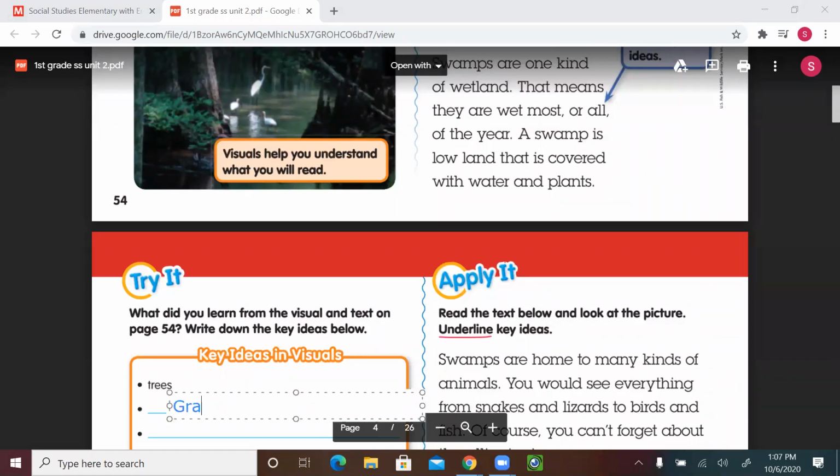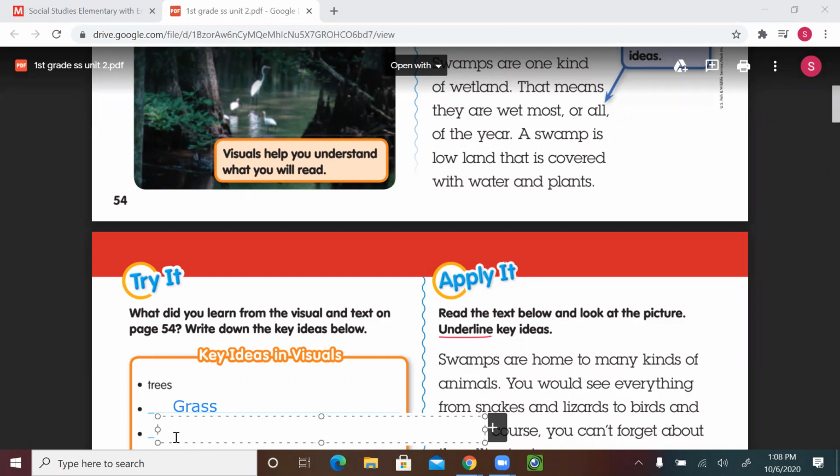We have the word grass, and then, of course, water. So we have trees, grass, and water. All right.